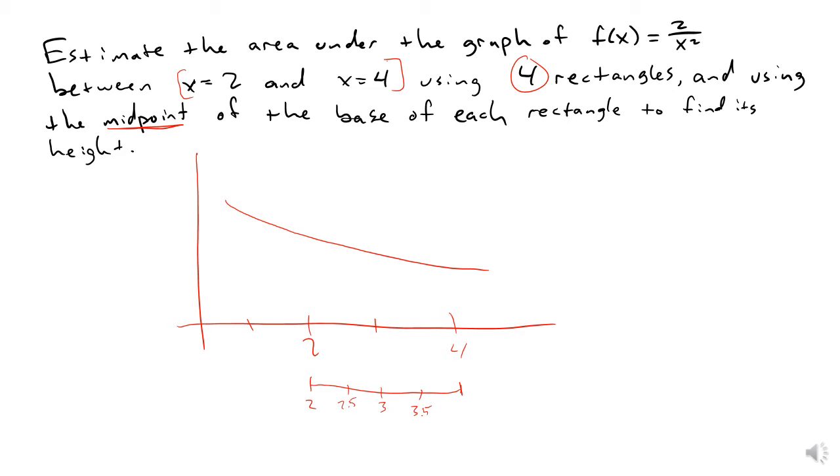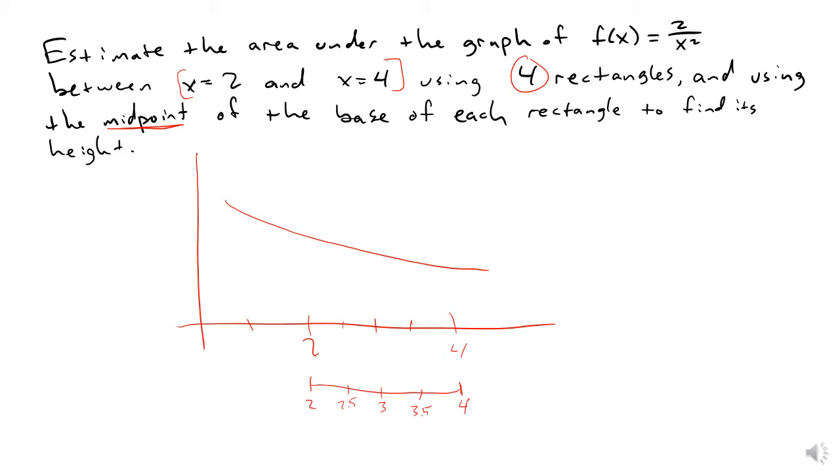And then our fourth rectangle will go between 3.5 and 4. All right, so we've got 4 sub-intervals here, and over each sub-interval we need to draw a rectangle. And we were told specifically how to find the height of these rectangles. We were told to find the height using the midpoint of each of these intervals.